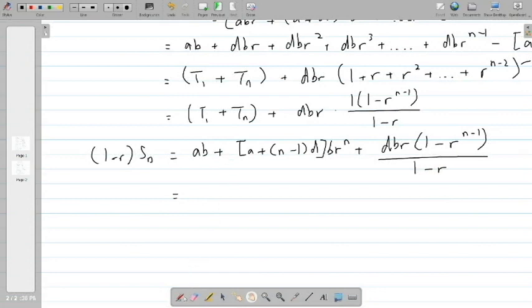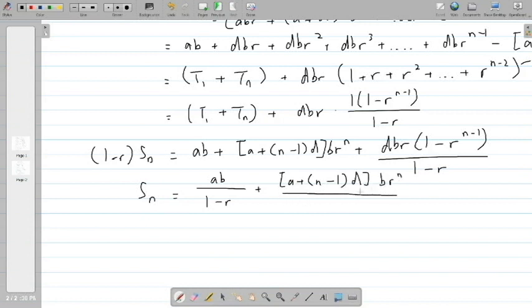So if we divide all of this over, we're going to get S n is equal to ab times 1 minus, divided by 1 minus r, plus this entire thing over 1 minus r, plus dbr times this over 1 minus r squared, because it's 2 terms.